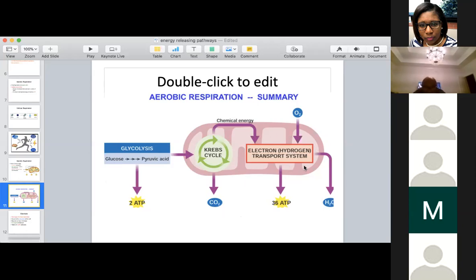And then the third most efficient process for generating ATP is the electron transport chain. This process takes place also inside of the mitochondria, and it's going to yield 34 molecules of ATP, for a total of 36 between these processes.